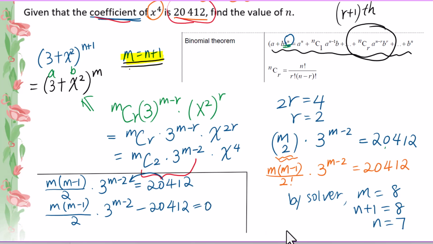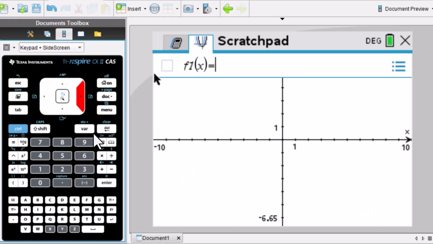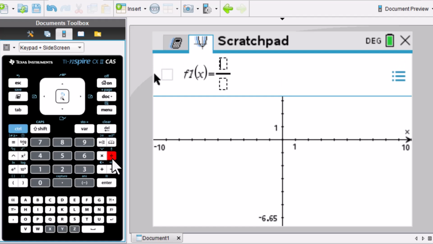Then we go to graphing. f1 of x equals, control divide, x. Remember, you need to change all the variables into x. So we put the function into this f1 of x, enter.